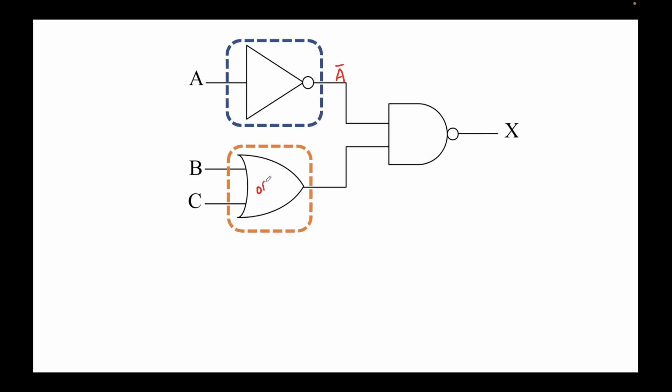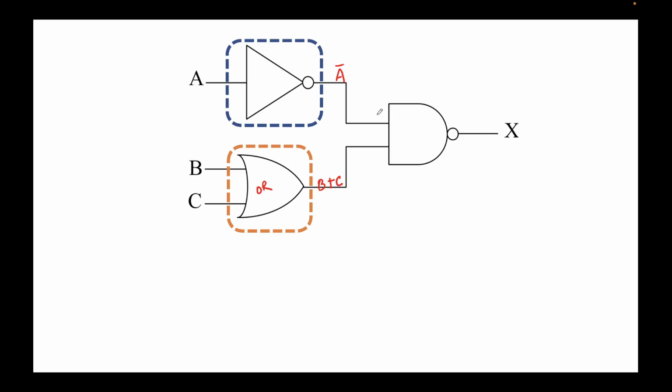What does an OR gate do? An OR gate sums. So the output here would be the sum of the 2 inputs. The 2 inputs are B and C, so the output for this OR gate would be B plus C, correct?